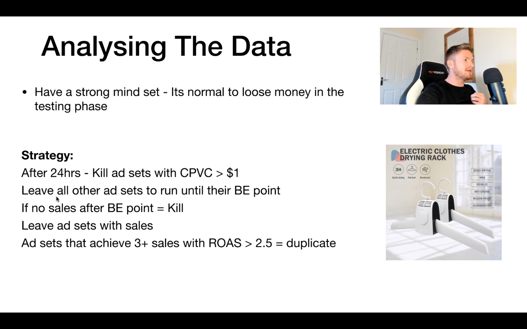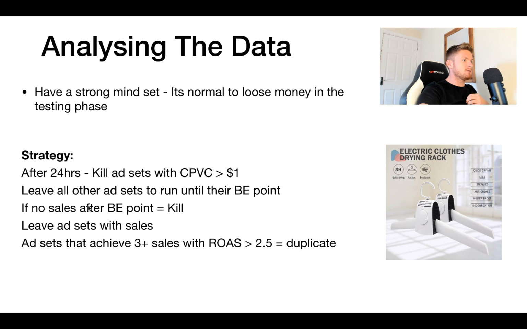And then you want to leave all other ad sets to run until their break-even point. So if they're getting a below $1 cost per view content, then leave them running until their break-even point. If there are no sales after their break-even point, which is the point where your ROAS will become unprofitable, then you want to kill the ad sets.